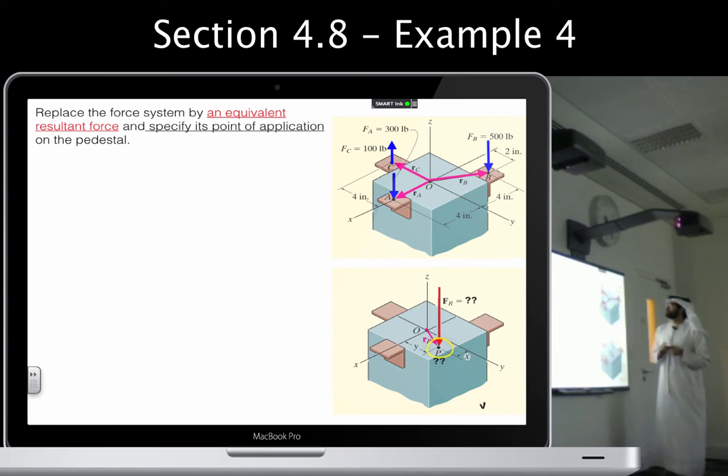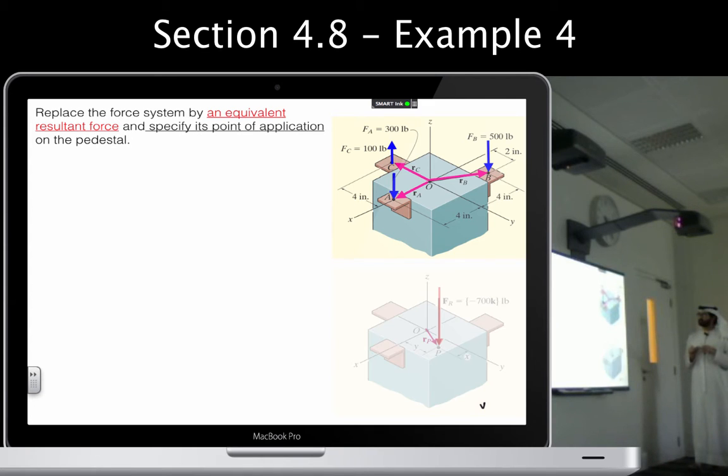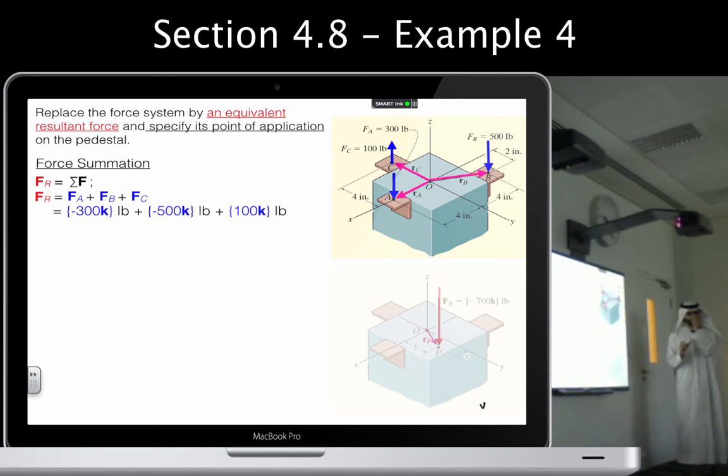Alright, let's start now with the resultant force, which is simply the summation of all these forces, Fa, Fb, and Fc. Now, because it's a 3D problem, we'll use vector analysis, so we'll express the forces in Cartesian format.